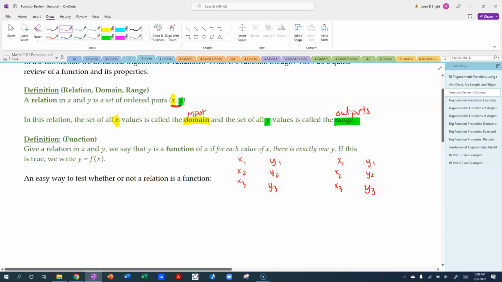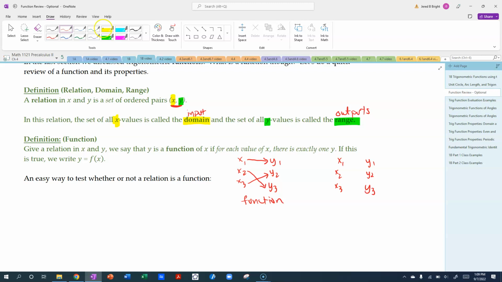A function would take, if for each value of x there's exactly one y, x1 goes to y1, x2 goes to y3, and x3 goes to y2. Now this would be okay.